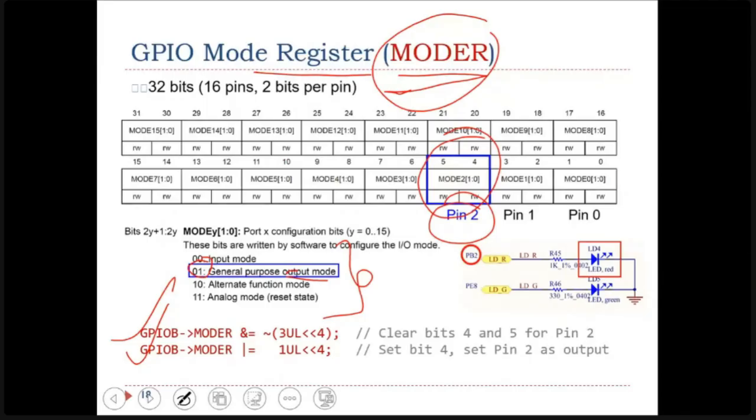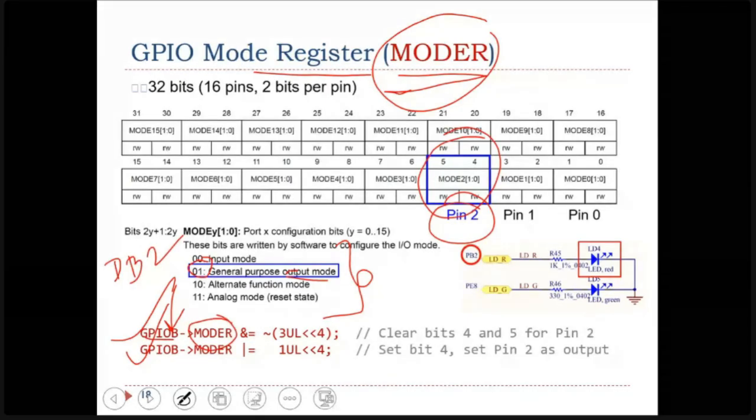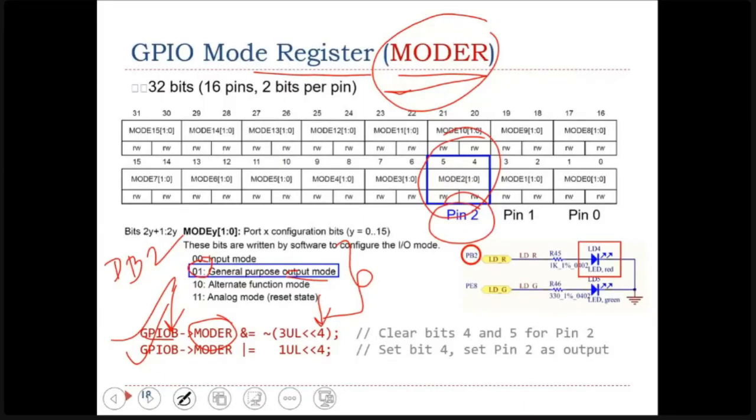And we're talking about port B, because the pin name is PB2. Go to port B, use the MODER register, and on bit 4, whenever you write 4 here, it takes into account bits 4 and 5, because 4 and 5 are part of pin 2. It doesn't take into account 3, because 3 is part of a different pin.